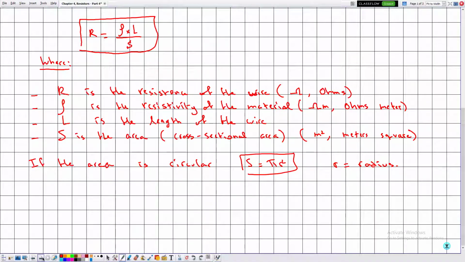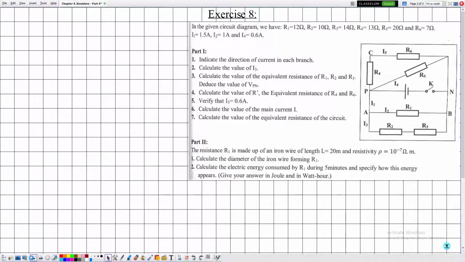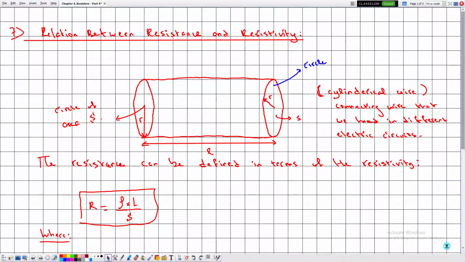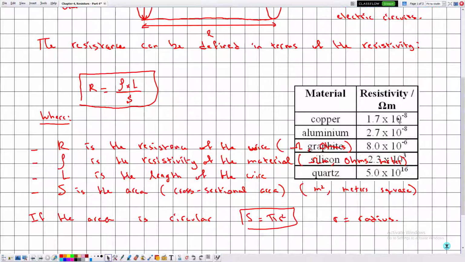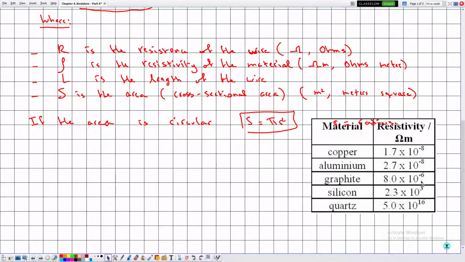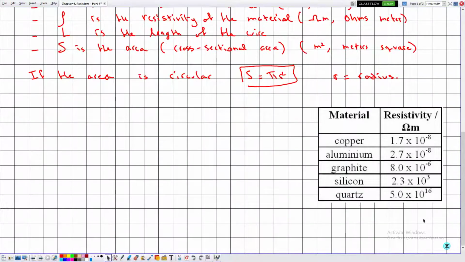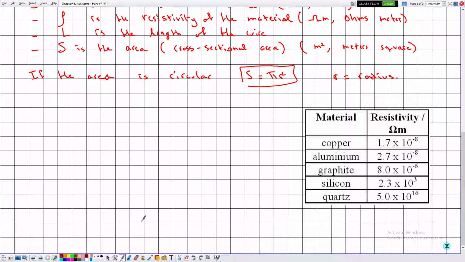Now let me discuss a bit the resistivity and draw the following table that I have prepared. And let me write the following note.